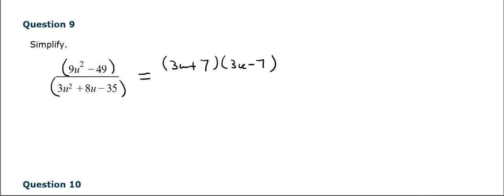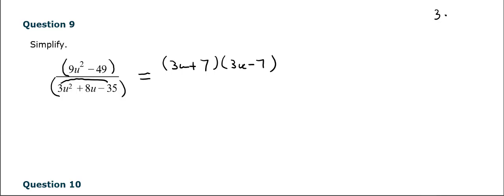Now we need to factor our denominator. Now, since our leading coefficient is greater than 1, we're going to have to use the AC method or reverse FOIL method in order to factor. So, just as a reminder, we take our leading coefficient, multiplying it times our constant in this case.